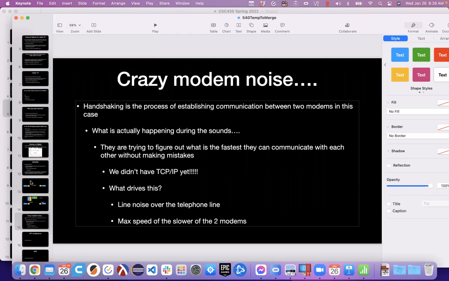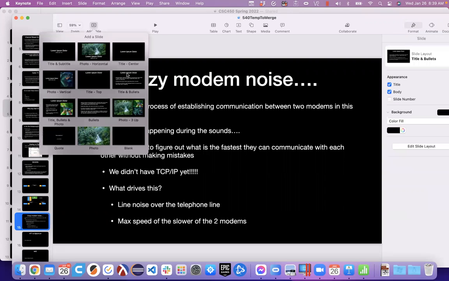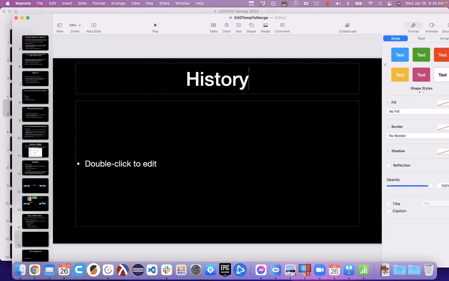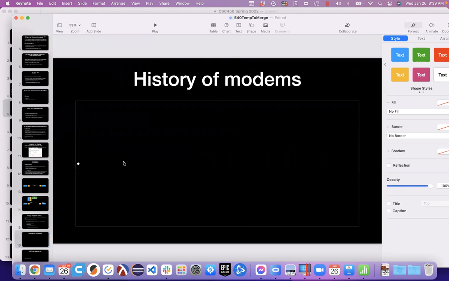So as an example, let's say history of modems. They did go slower than this, but we originally had like a 300 BPS modem. I'm just going to hit the high points here.